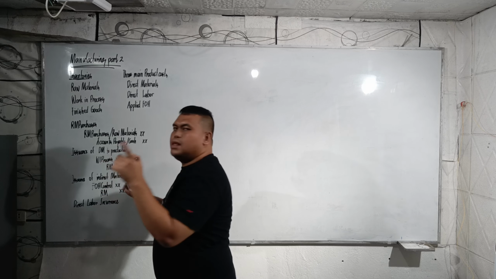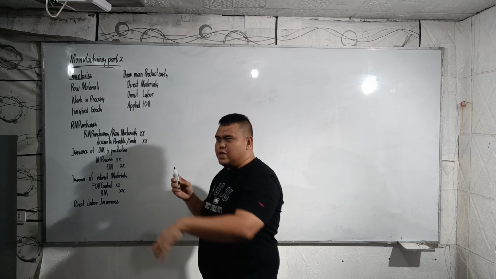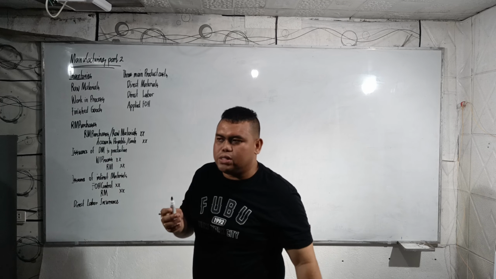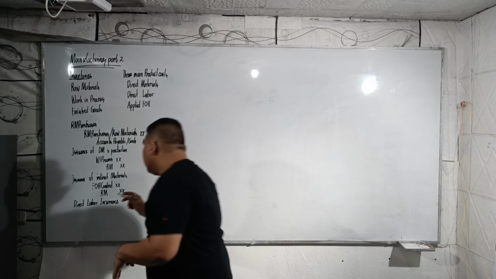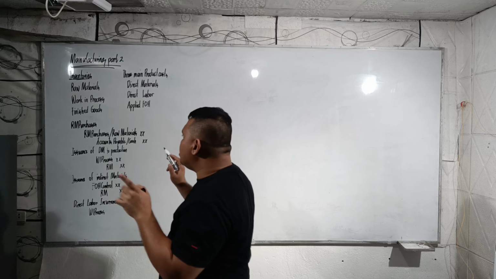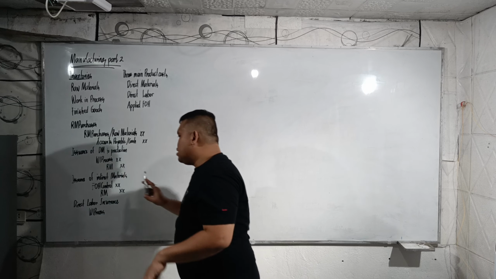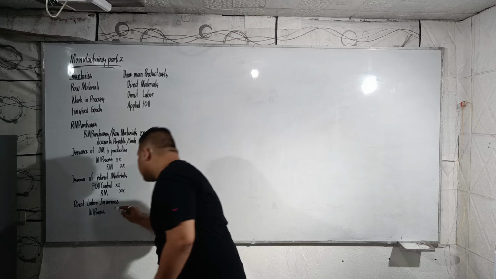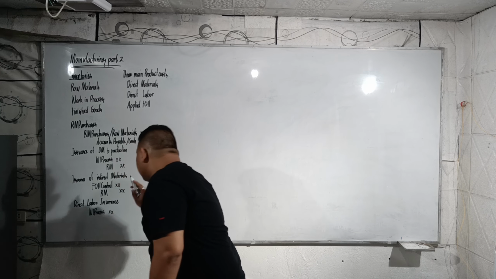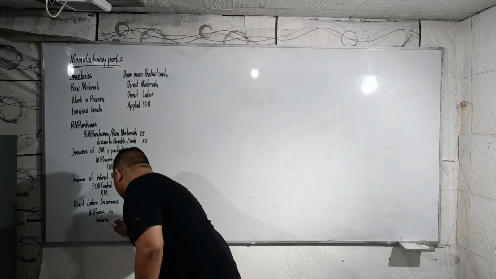Instead of debiting salaries expense, because that's what we are taught in the past videos and in the past accounting lessons, salaries expense, salaries payable, here, we're going to have work in process. So your work in process inventory does not only include the direct materials that are issued to production, but also the direct labor that was incurred. So work in process. And then credit, if you wanted to, salaries payable, if you're not yet paying.